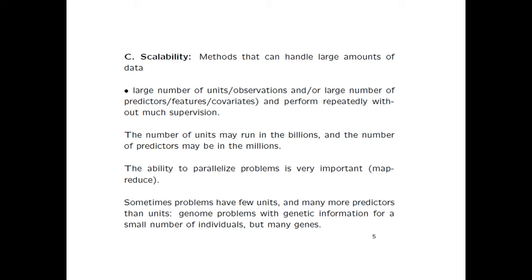But it also sort of implies somewhat of a lack of discipline where the other parts of statistics and econometrics have been much more formal. The setting often is one where we have very large data sets. Sometimes this may mean many units, but sometimes it may be many predictors.